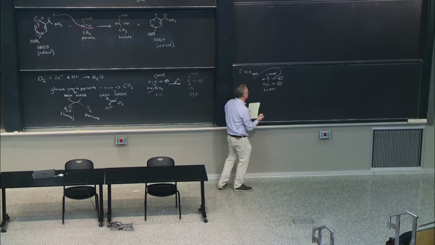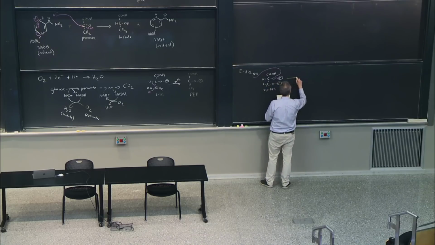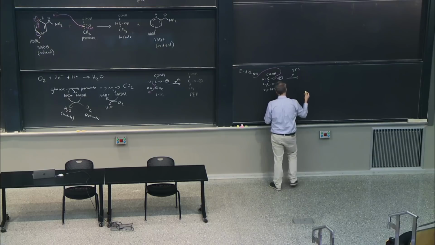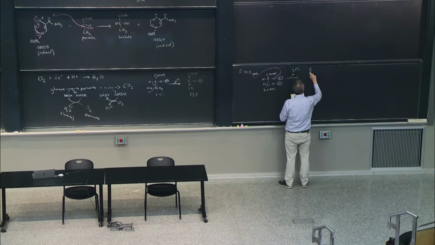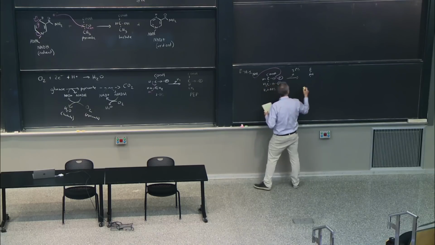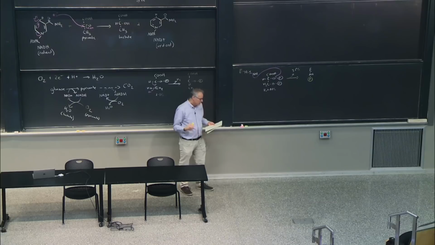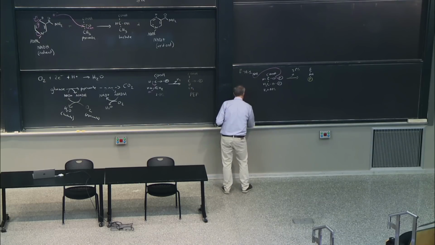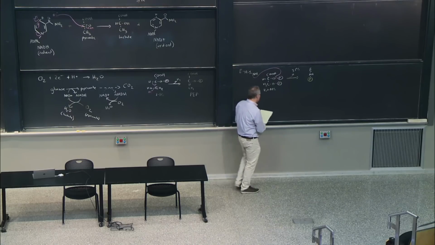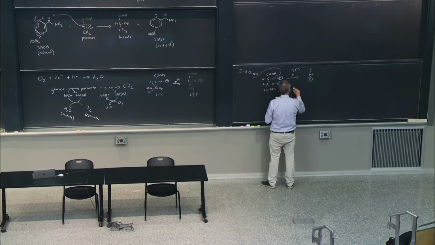I drew it here as picking it up from the 2 position. That would, of course, generate a 3-phosphoglycerate. But more importantly, it ends up with the enzyme having this phosphorylated intermediate in the active site. Once it has that phosphorylated intermediate in the active site, now it's ready to catalyze the mutase reaction.